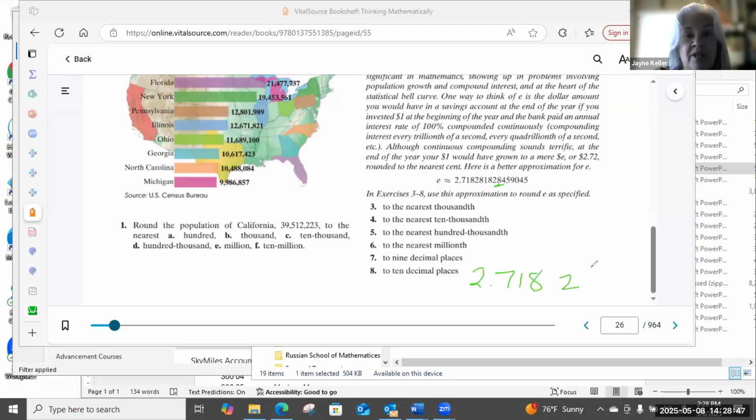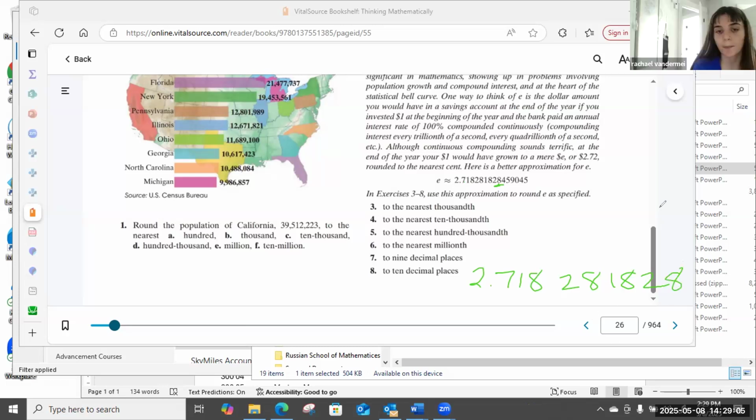So I'm just going to copy down all the way almost until I get to there. And then what am I going to do? Just keep it the same. Yep, and now I have 9 decimal places. That's it. A little bit easier when it just asks you for a place.